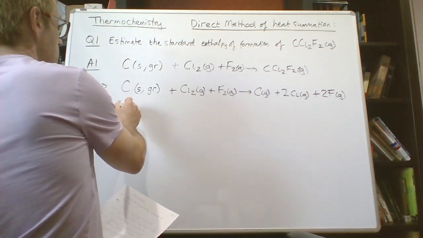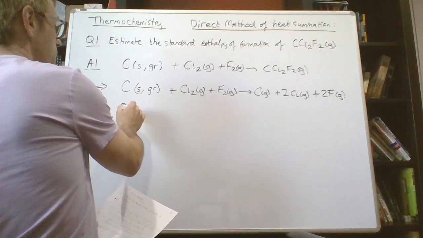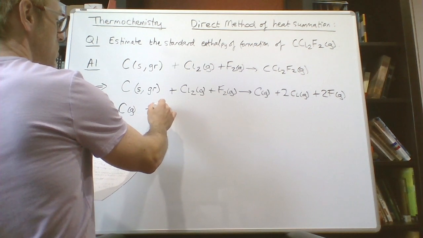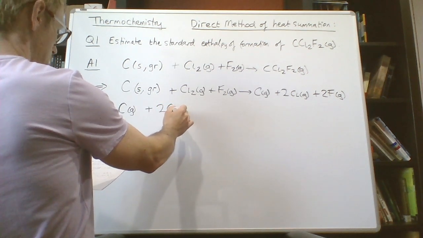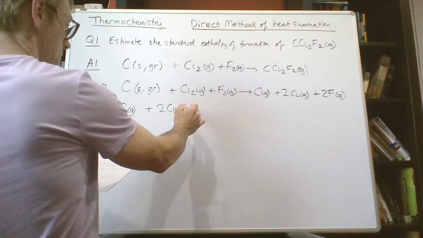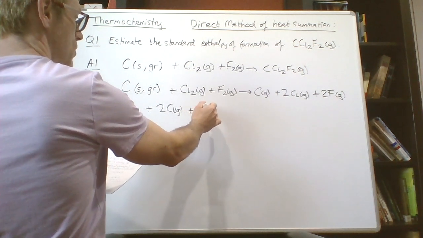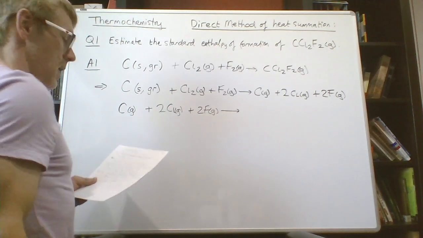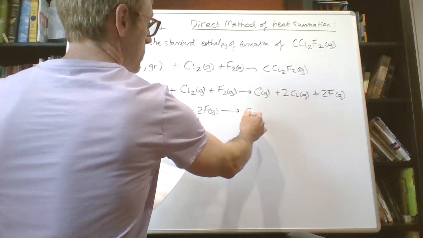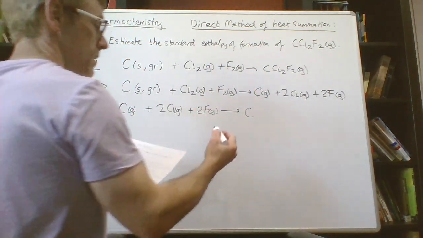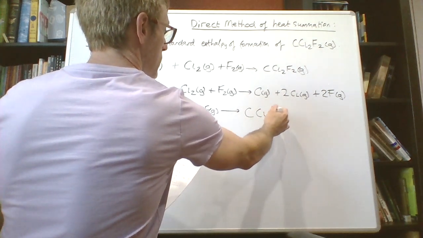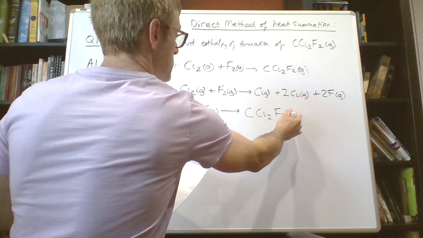Now we want to take that carbon in the gaseous phase from here. We can add 2 lots of chlorine in the gaseous phase, and we can add 2 lots of fluorine in the gaseous phase, and we can build this together to make our target compound CCl2F2 in the gaseous phase.